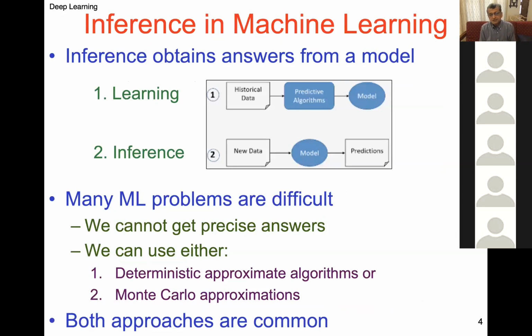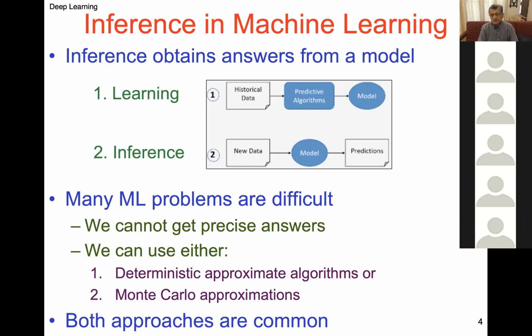So let's now distinguish between inference and learning. Let's begin with learning. Learning is beginning with historical data. So we have a data set and we would like to use that data set and some algorithms to determine a model. Right?